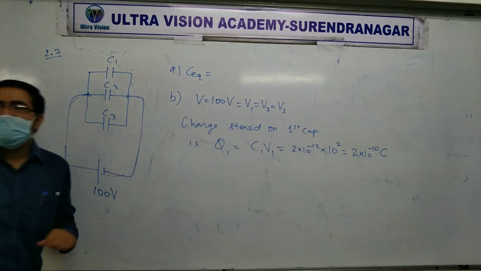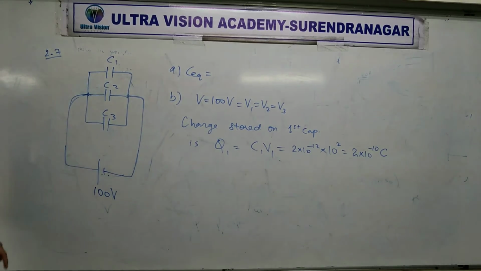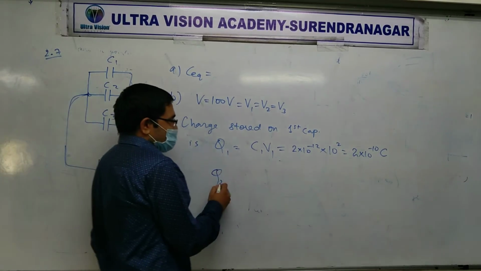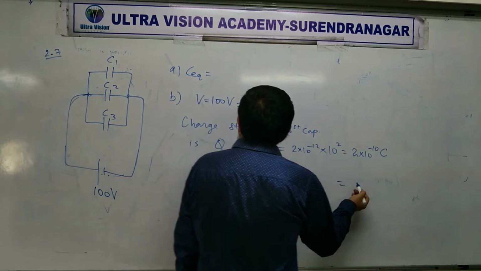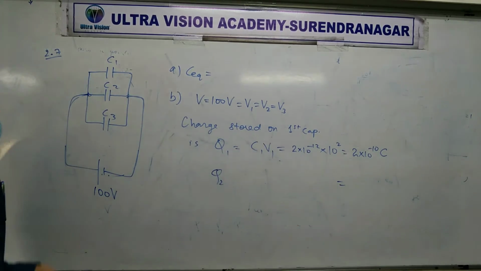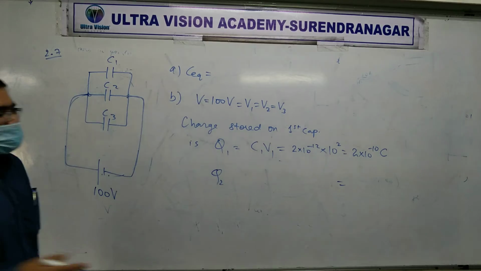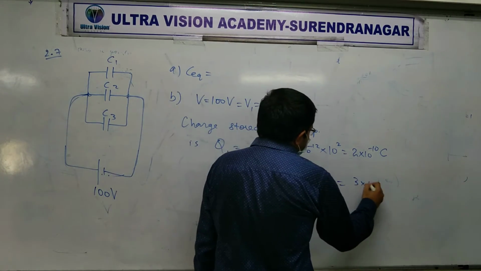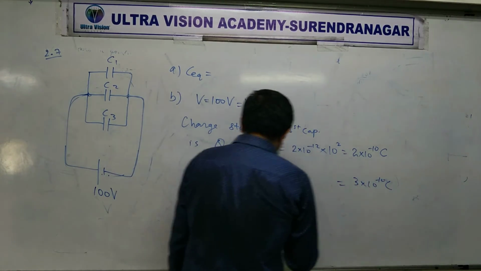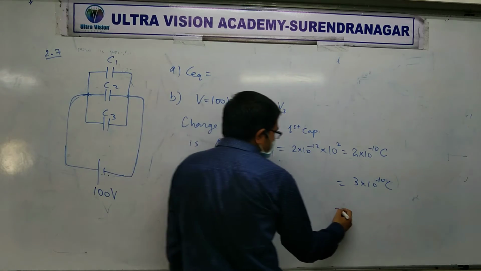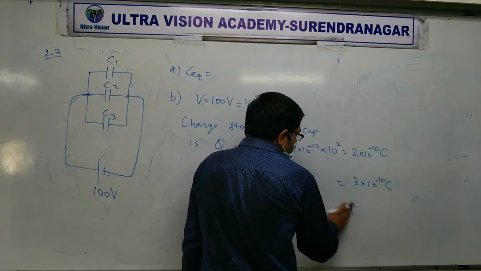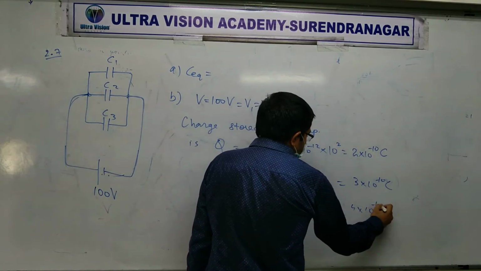Understood? Yes or no? Yes. We can find the others quickly, write Q2 equal to 3 into 10 raised to minus 10. Yes or no? And then the last one, Q3 equal to 4 into 10 raised to minus 10.